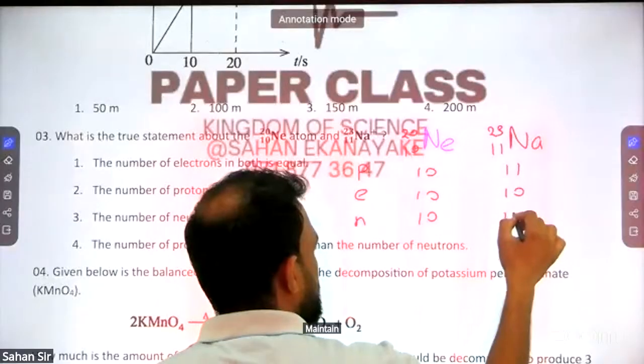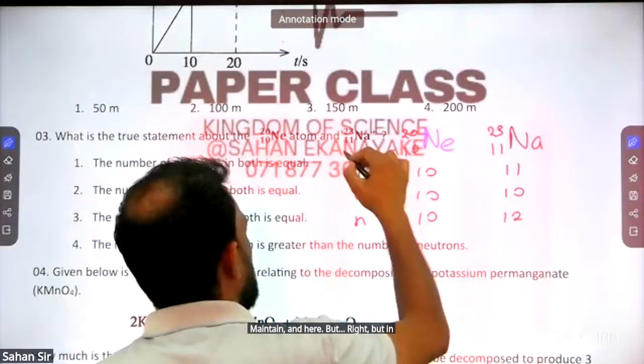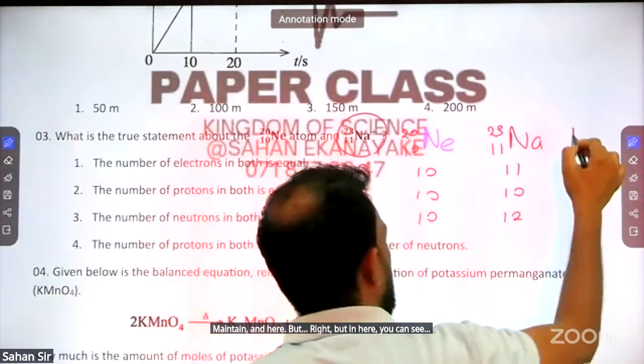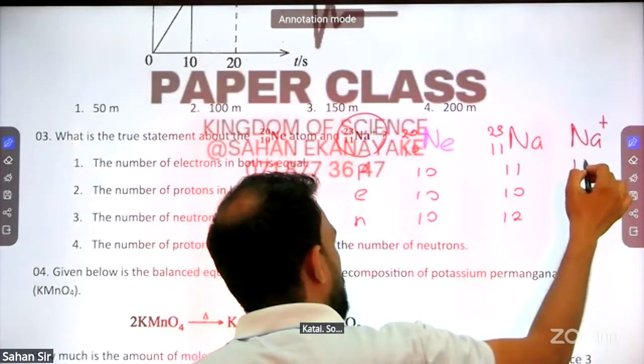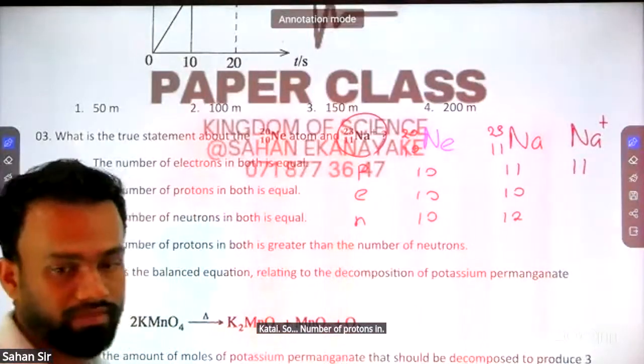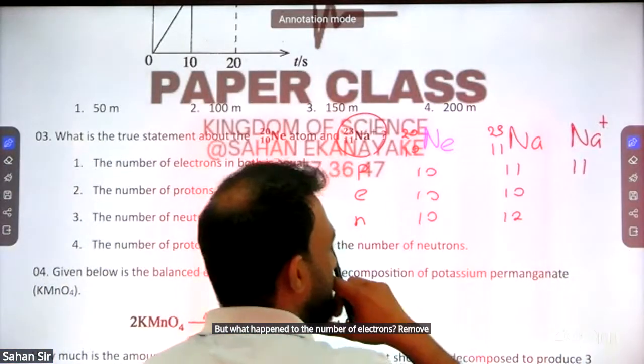And here sodium: protons 11, neutrons 12. But in here you can see sodium plus ion, cation. So number of protons same. But what happened to the number of electrons?